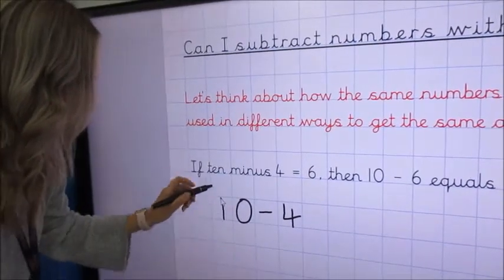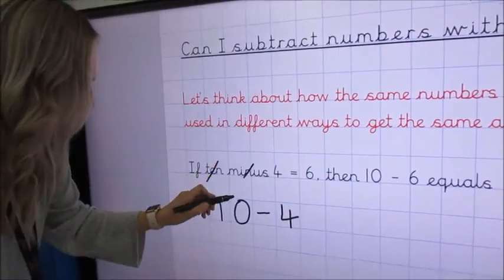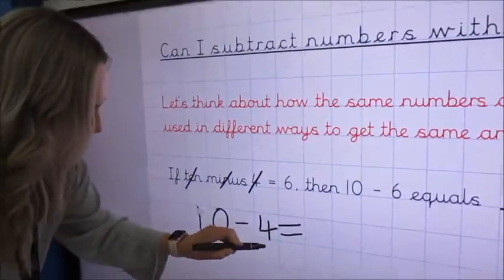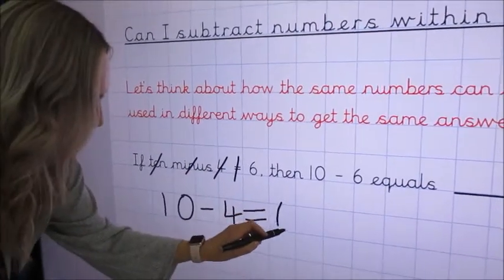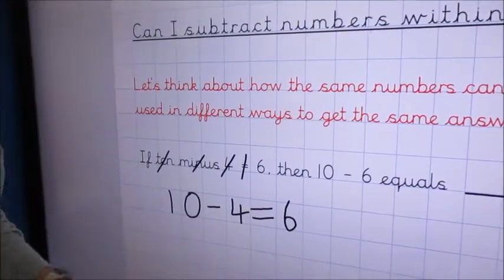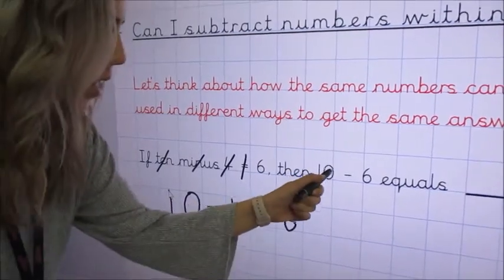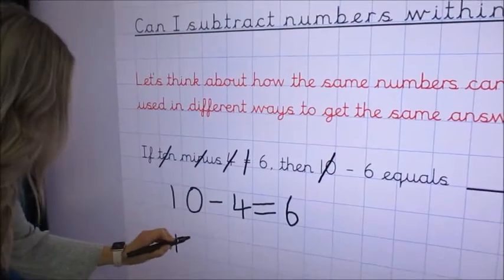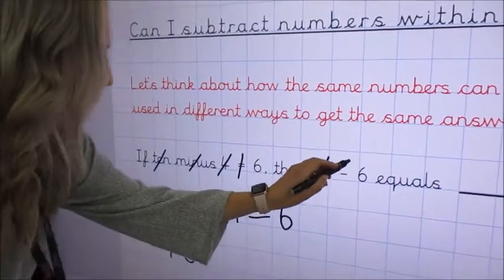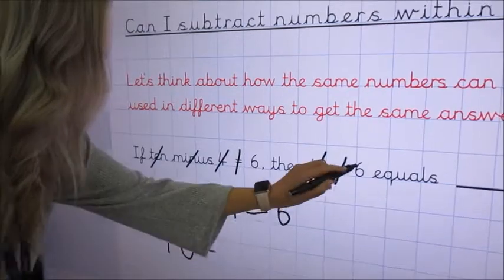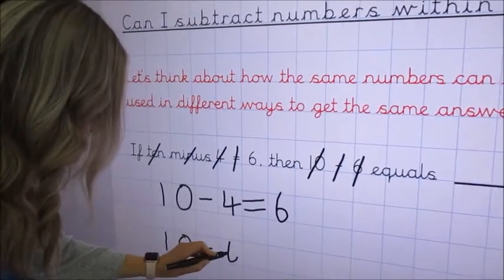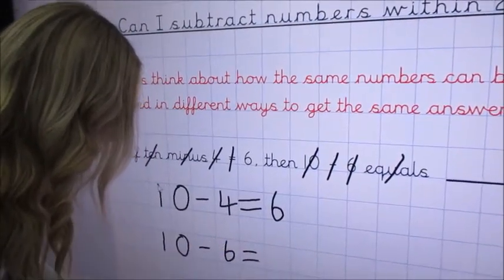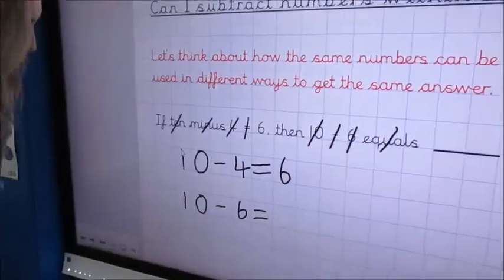So if 10, so we've used that, minus 4 equals 6. Okay, then 10, and we'll write that, we'll go under here just so we can see them together. Minus 6, this word, equals what?